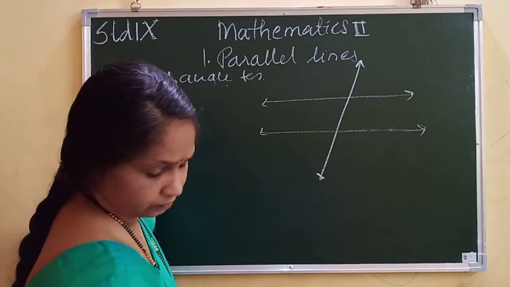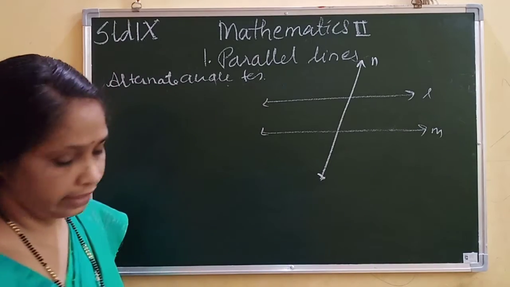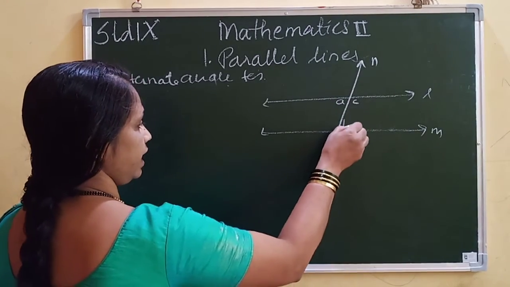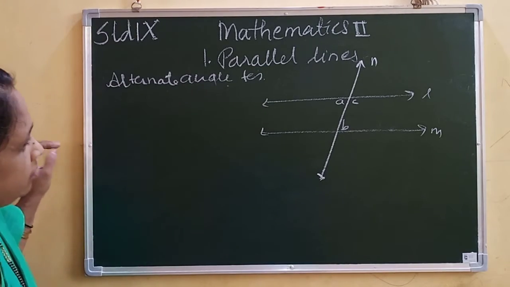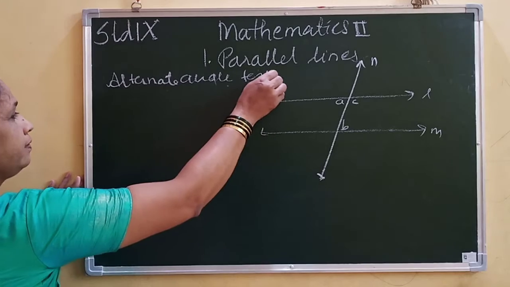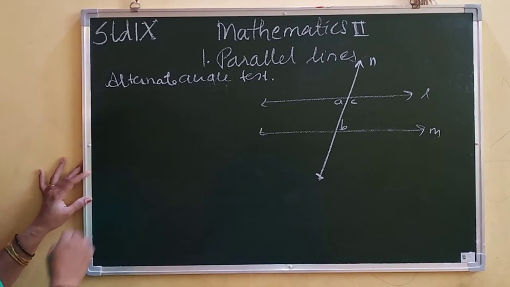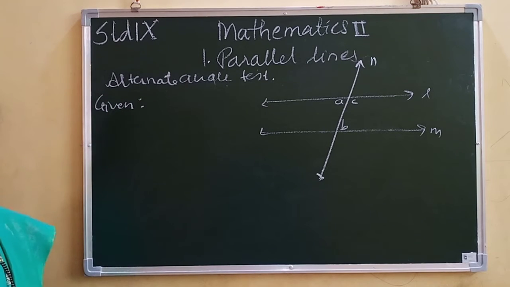Okay. So this is line L, M, and this is N. Now here the angles are A, C and B. Okay, now this theorem I have not written here. Now in this, directly we will write the given. What is given?